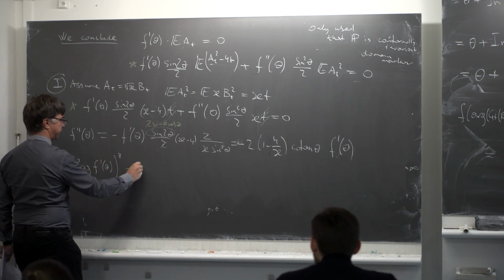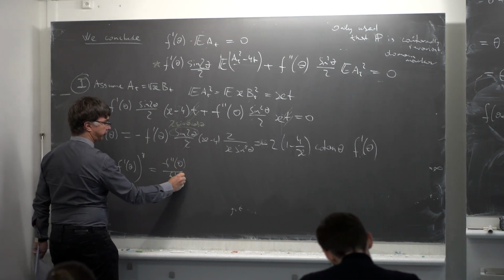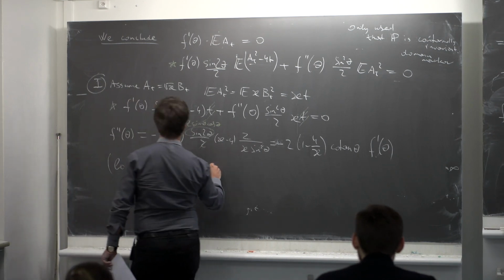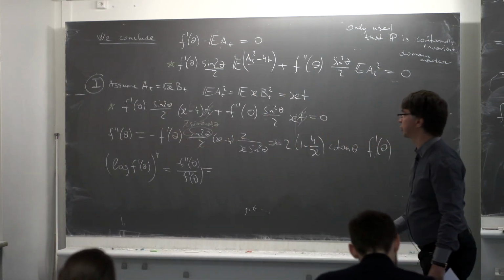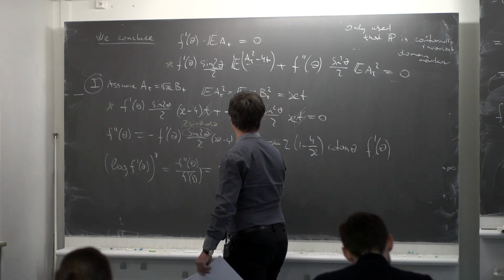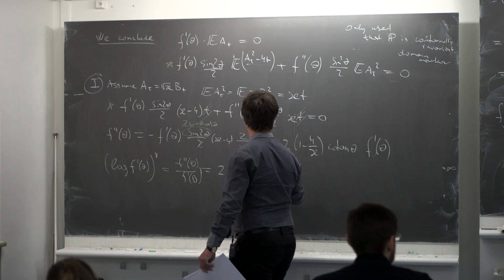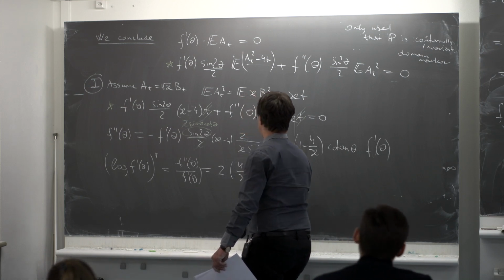This derivative is f prime prime over f prime. So we get that this ratio is equal to whatever we have written there. So let me just put it: 2 times (4 over kappa minus 1) times cotangent of theta.